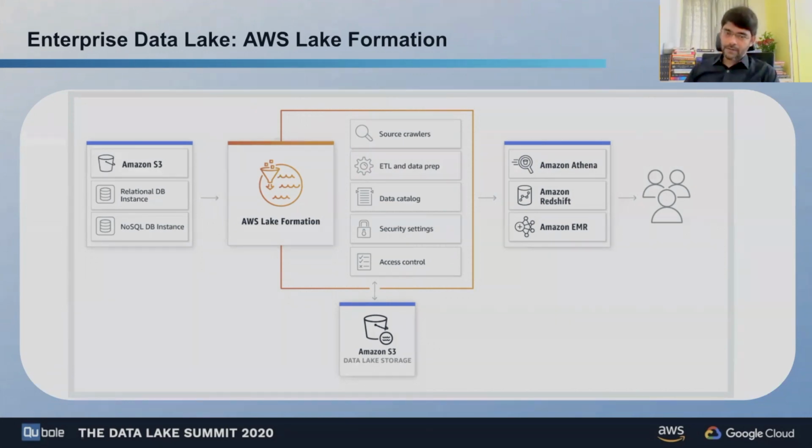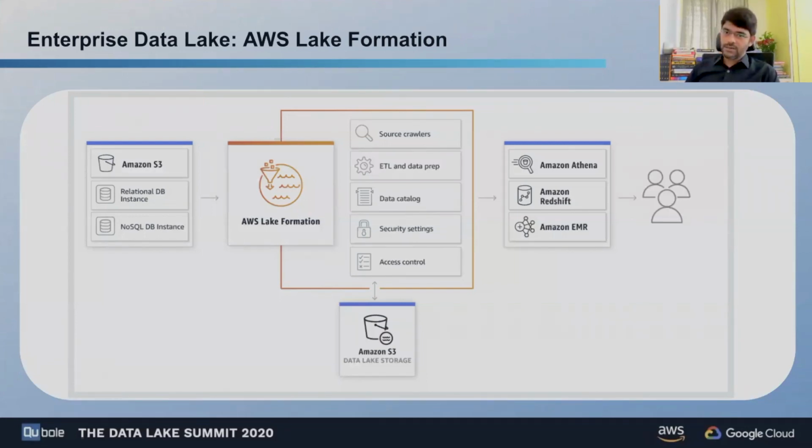So it's kind of like the data lake service where the crawlers and data cataloging, security settings related to a data lake, the ETL transformations and prepping data, and access controls are in one place, centrally managed. And obviously the backend for all of this, where the actual data sits, is S3.